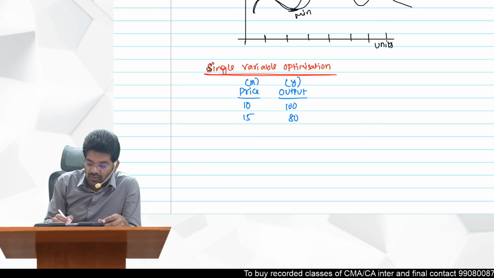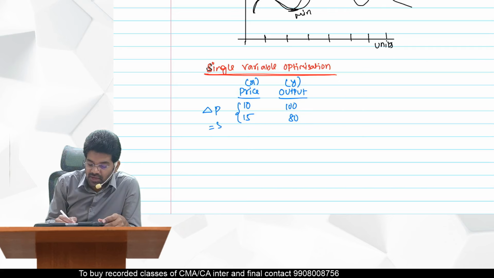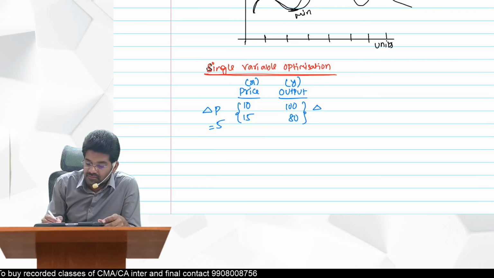Now what is the change? What is the change in price? Change in price is 5. What is the change in output here? Change in price is nothing but X, this is. Change in Y is 20.